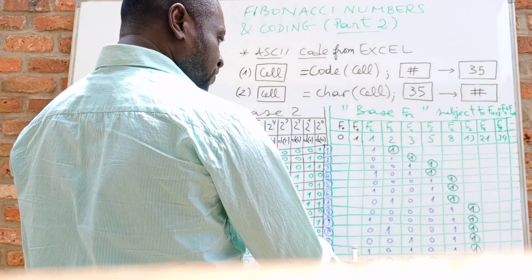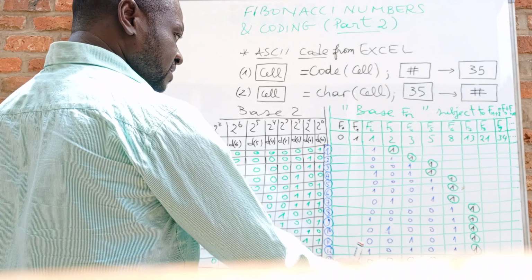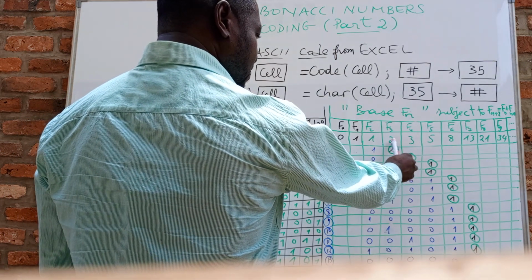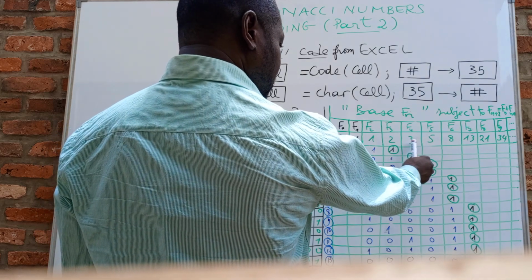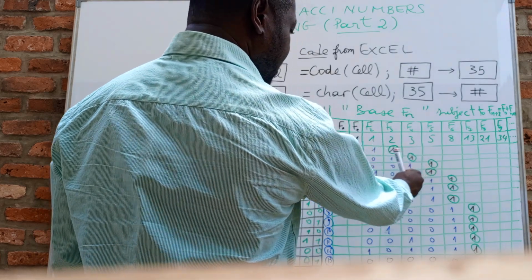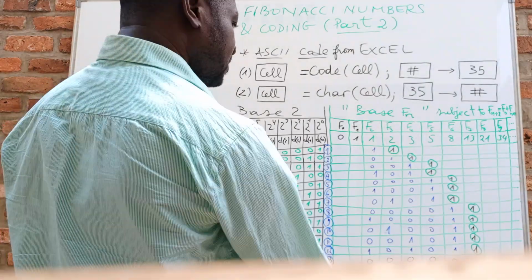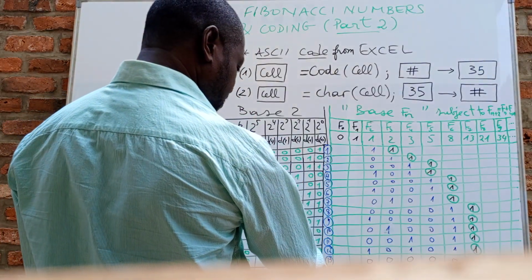But 14 can also be written as, for example, 3 and 2 combined.